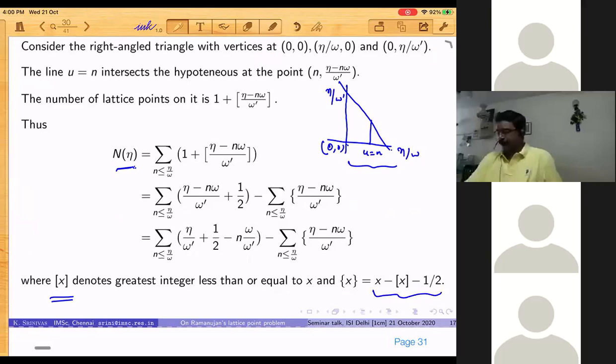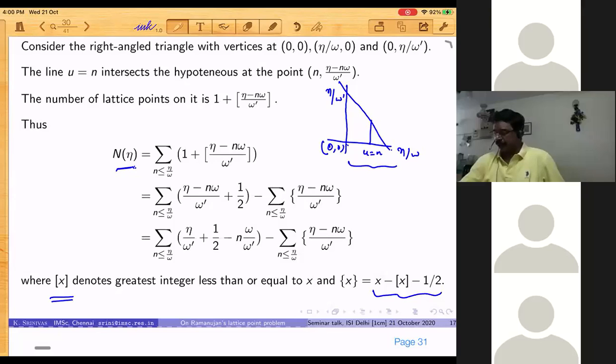This has many nice analytical properties, but we are not going to discuss those things here. So therefore, simplification gives this sum to be n minus eta minus n omega by omega prime plus half minus summation eta minus fractional part of eta minus n omega by omega prime.